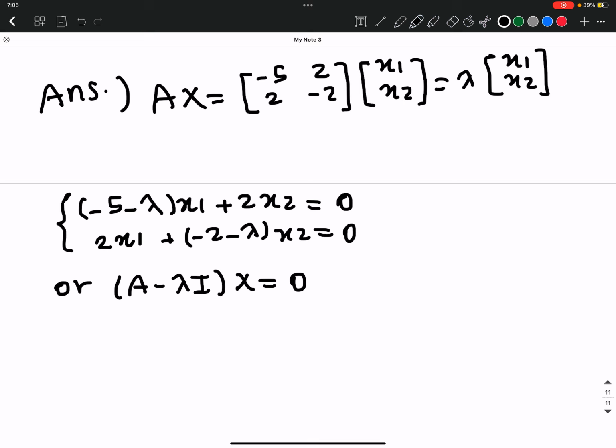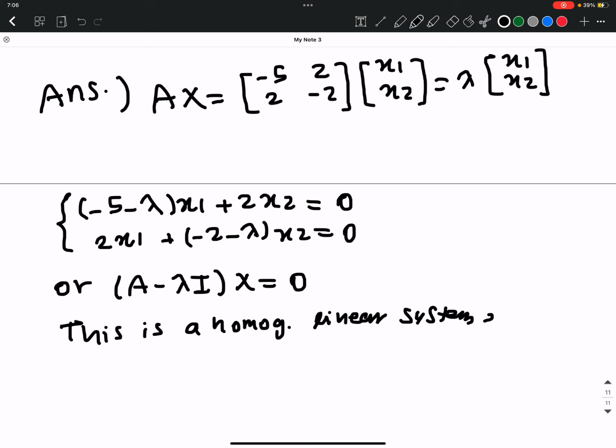So this is a homogeneous linear system. It only has a nontrivial solution if the determinant of it is 0.